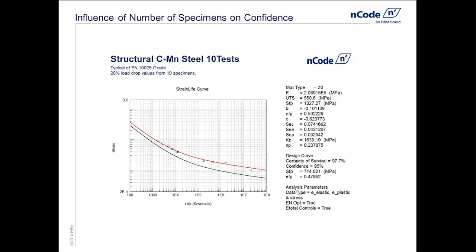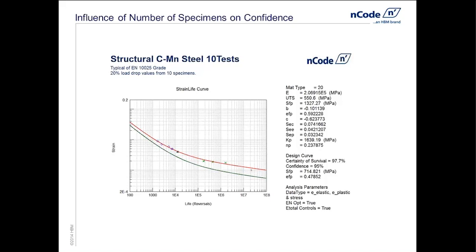And you'll see there that we actually have scatter. Obviously, there is variation from specimen to specimen, even if they were at the same strain level. And that variation, that scatter, allows us to quantify a certainty of survival for that curve.